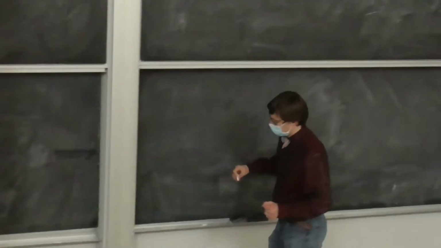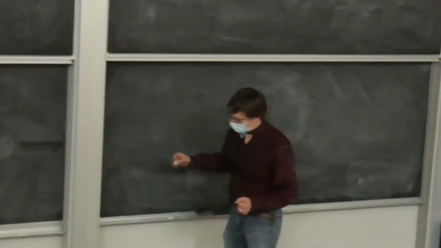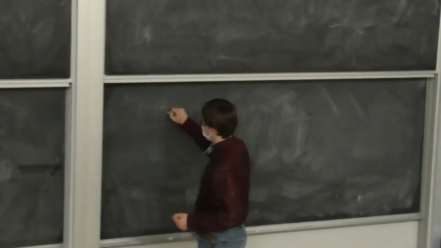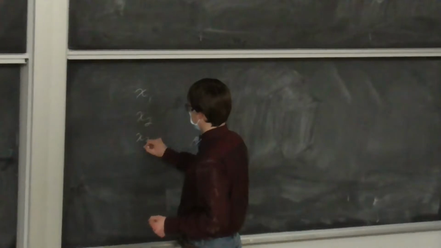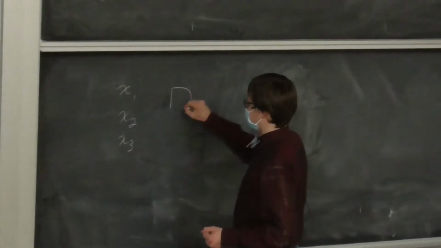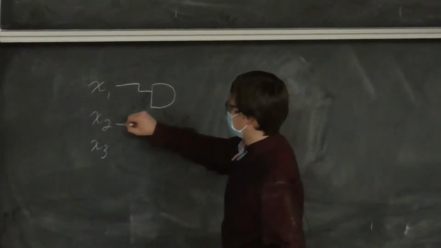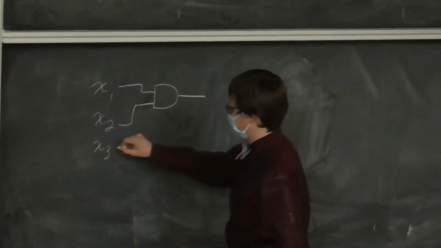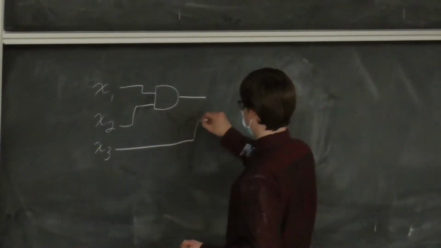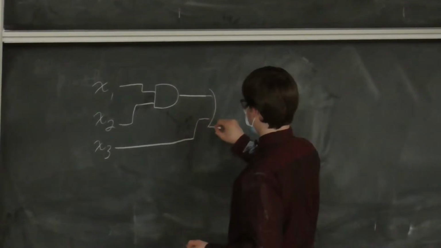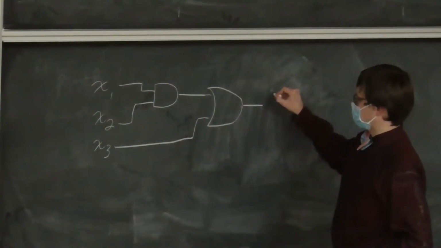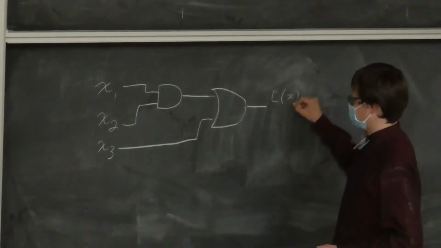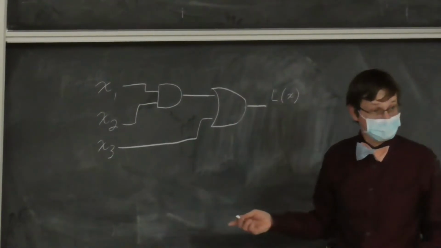So, if we have x1, x2, x3, right? And let's say we AND these guys together, and then we take the OR of that, and that becomes L(x), or the output of the logical function, right?